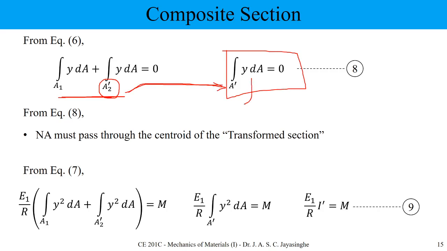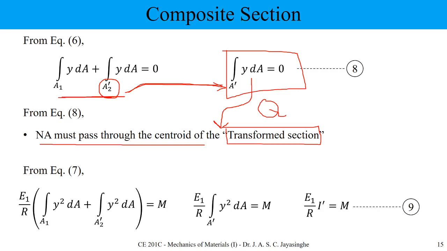Again, this is similar to your simple bending formula. Here this is the first moment of area, Q. That means it should be 0. That means your neutral axis should pass through the centroid of, here the most important thing, the transformed section.